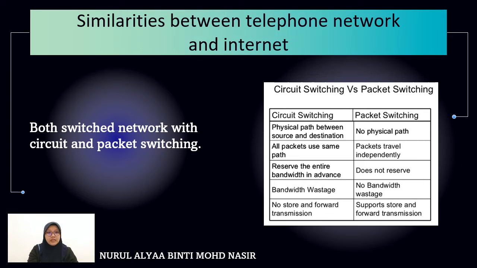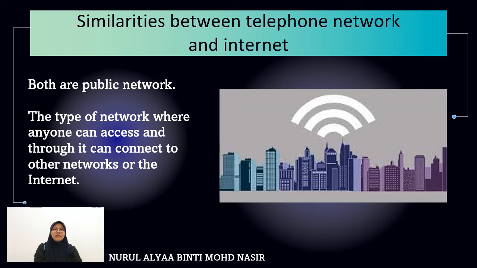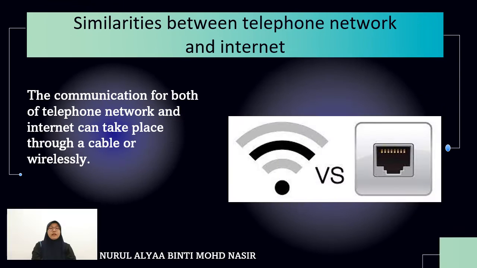Second similarity between telephone network and internet is both are public networks, the type of network where anyone can access and through it can connect to other networks or the internet. Next, the communication for both can take place through cables such as LAN cable, fiber optic cable, or wirelessly such as Wi-Fi.